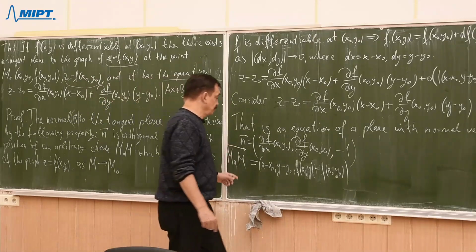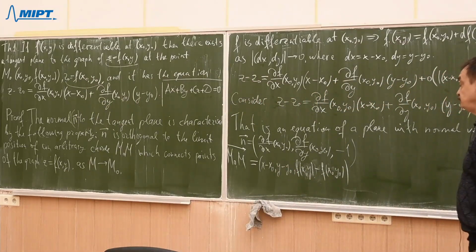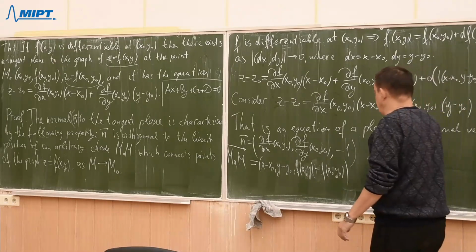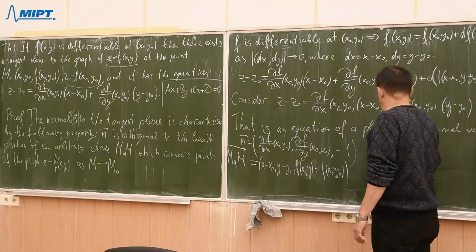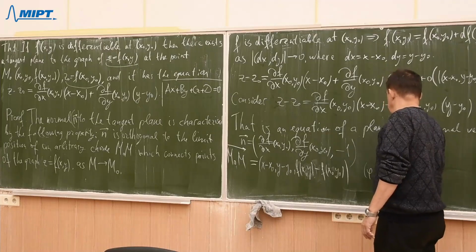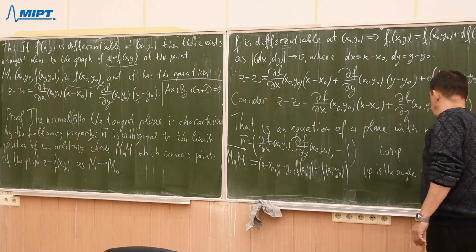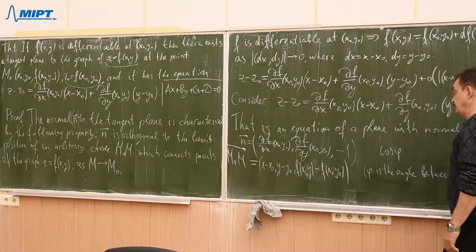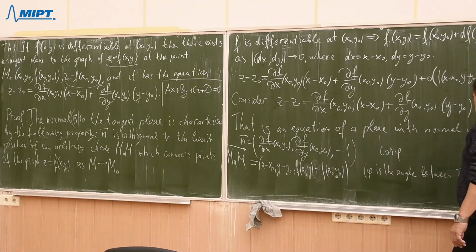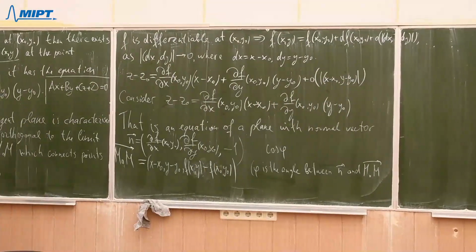Now, what about the cosine of the angle? So the cosine of the angle phi. Phi is the angle between n and M naught M. Okay, that is phi.